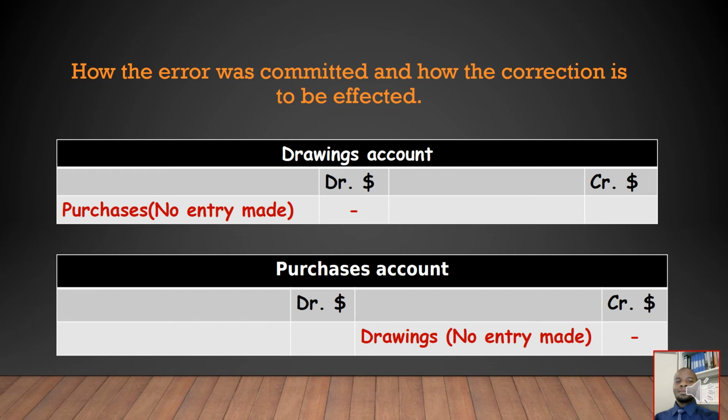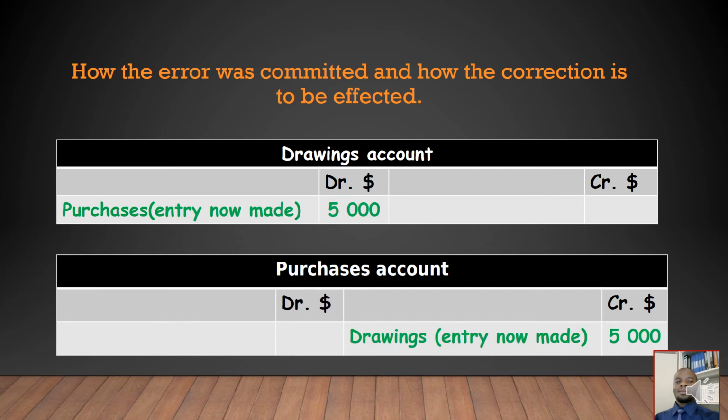In the first place, the drawings account should have been debited with the amount of stock withdrawn for private use, and the purchases account should have been credited, just like we have discussed. But those entries were not made. So all that we need to do is make the entries the way they should have been done in the first place.